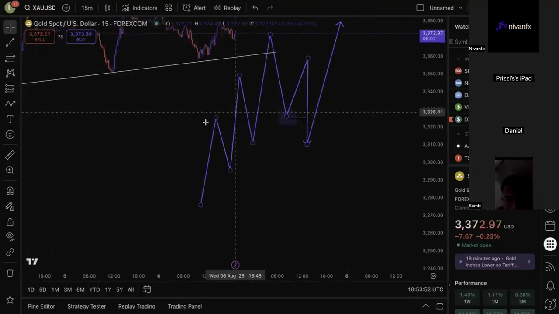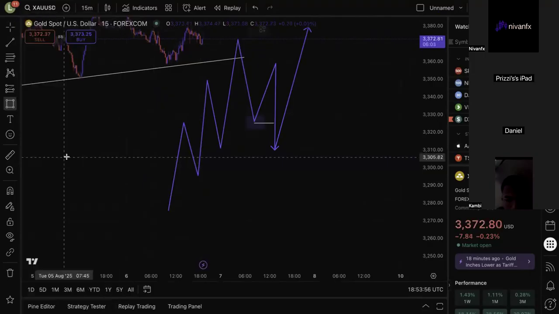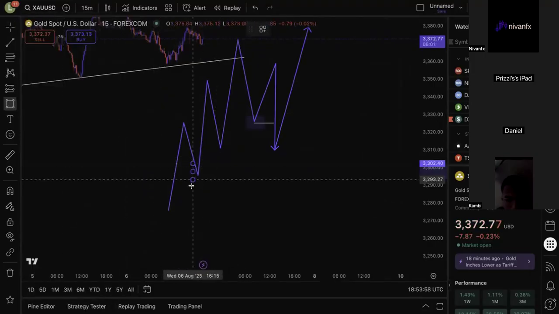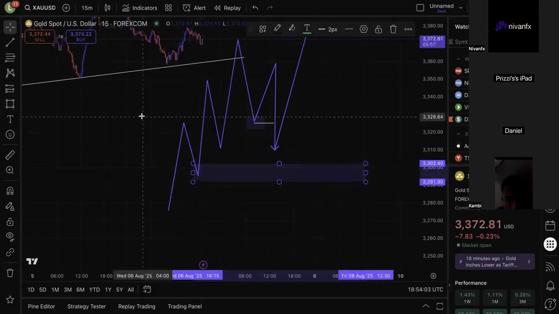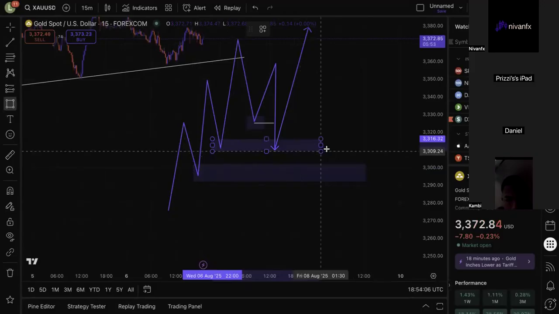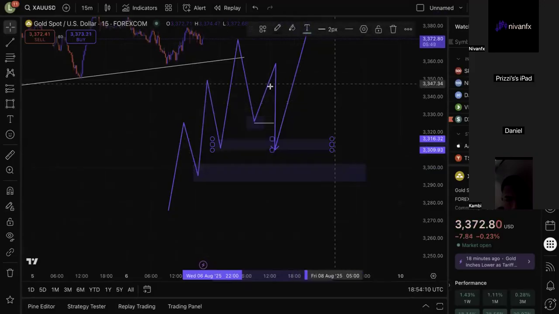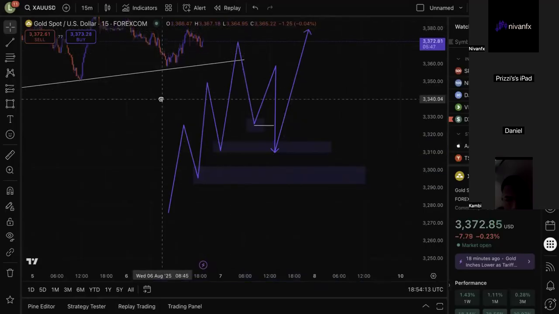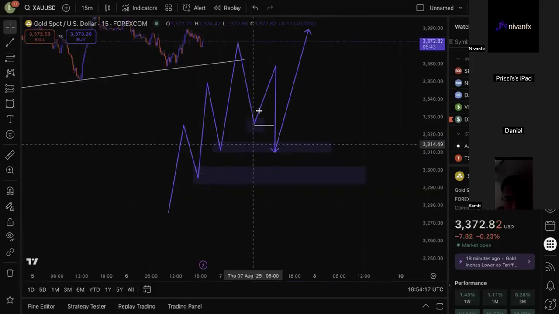So now we understand that at every higher low price creates, there is an obvious order block at those levels waiting to be filled. There are other blocks here, other blocks here. Very simple. That is how the dynamic of the market is. Every higher low, you will see order blocks at those levels.